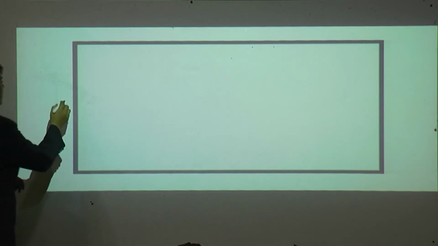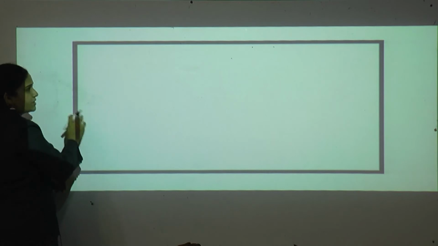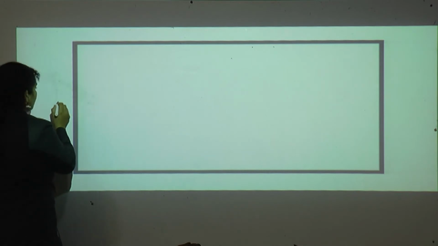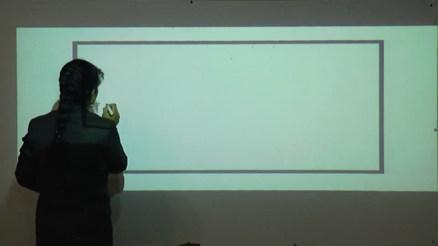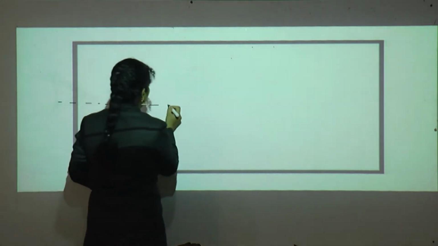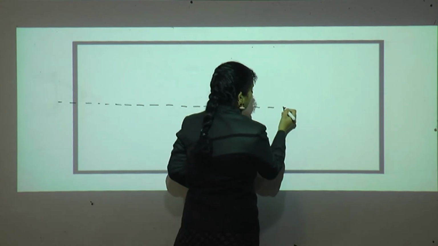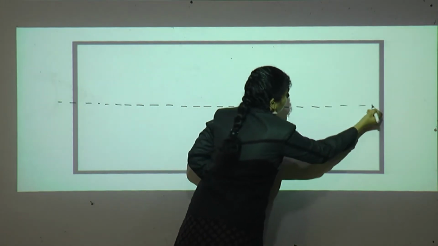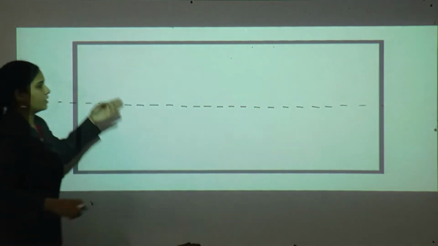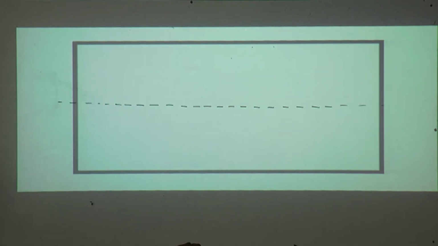Now it will have a horizontal line of symmetry. How? See, here opposite sides are equal, so we can draw a horizontal straight line with the help of a scale. Okay, so if we fold this, then we get two equal parts.